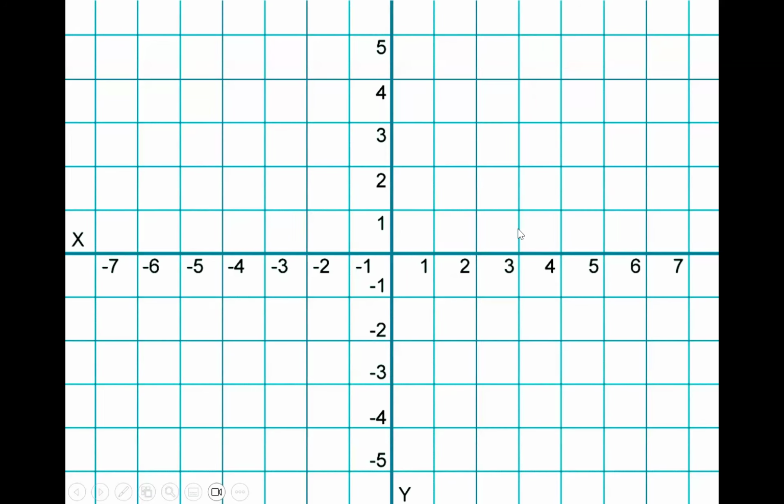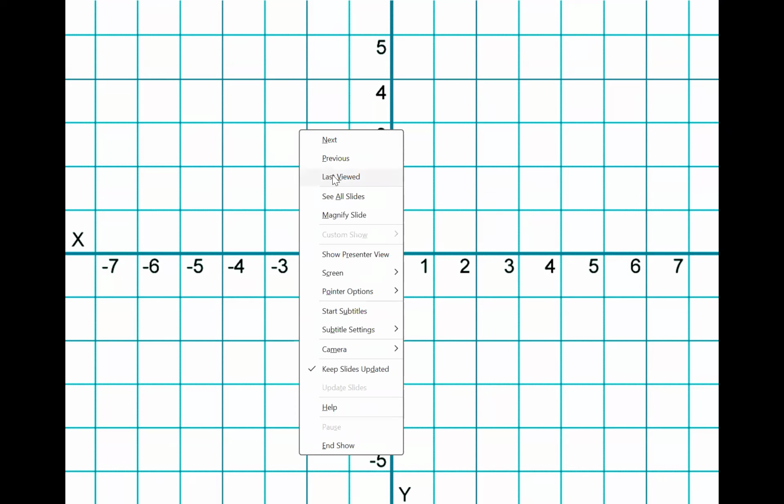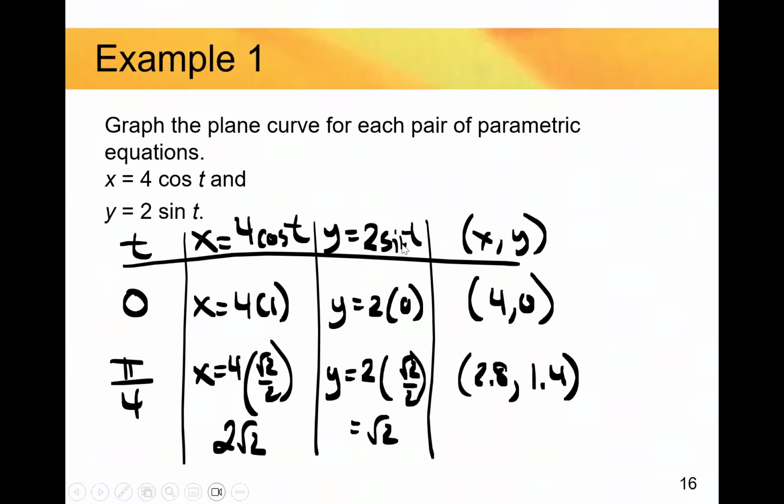Okay. So on your graph sheet of paper, here's what I want to do. Ready? You're going to just find those individual points. And remember, you got to connect them in order though, right? So go back to our list here. From your grid, you're going to draw in where the point 4, 0 is on your grid.